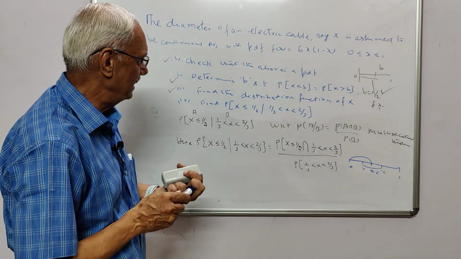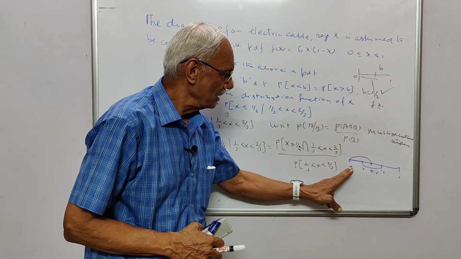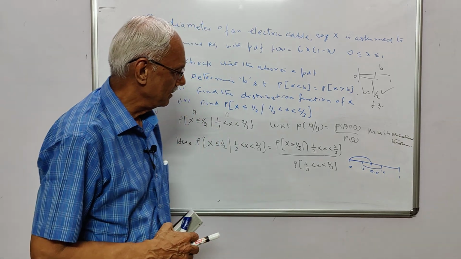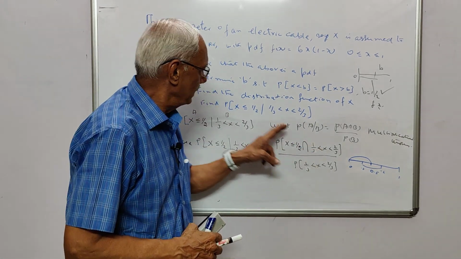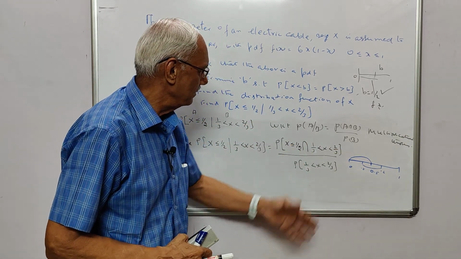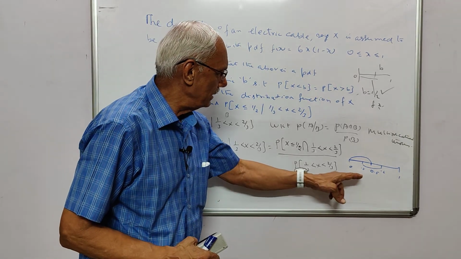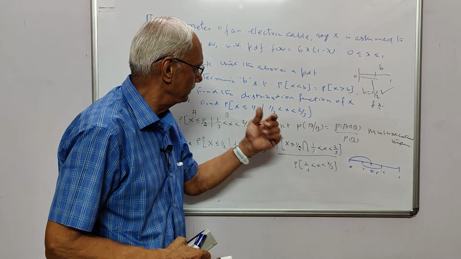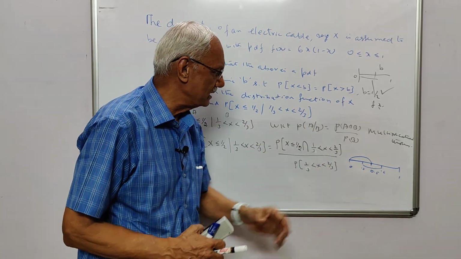So x less than or equal to half means between 0 and 0.5, and this 1 by 3 and 2 by 3, 1 by 3 is 0.3, and this 2 by 3 is 0.6.